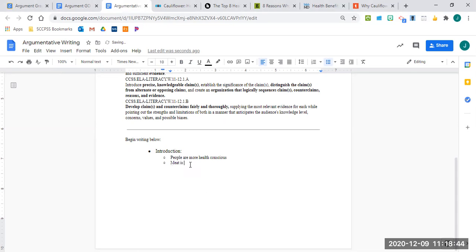Meat is proven to be damaging to the environment. Vegetables are becoming more popular. Cauliflower is the best.